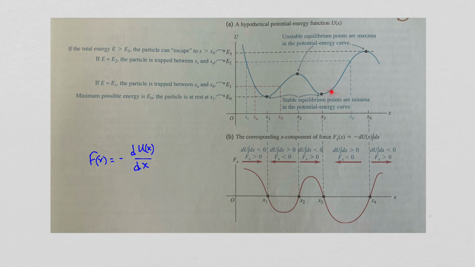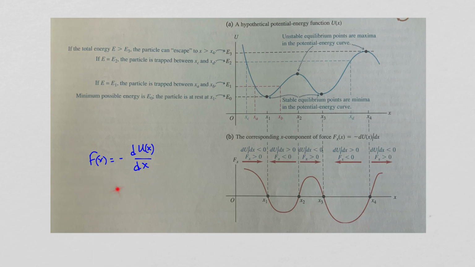Then after that, between x3 and x4, we have force that pushes to the left. The slope of the potential energy curve is positive. So therefore, force versus position looks like that here. And then after x4, the force will be positive, or to the right, the slope will be negative. And so that's what we have here.